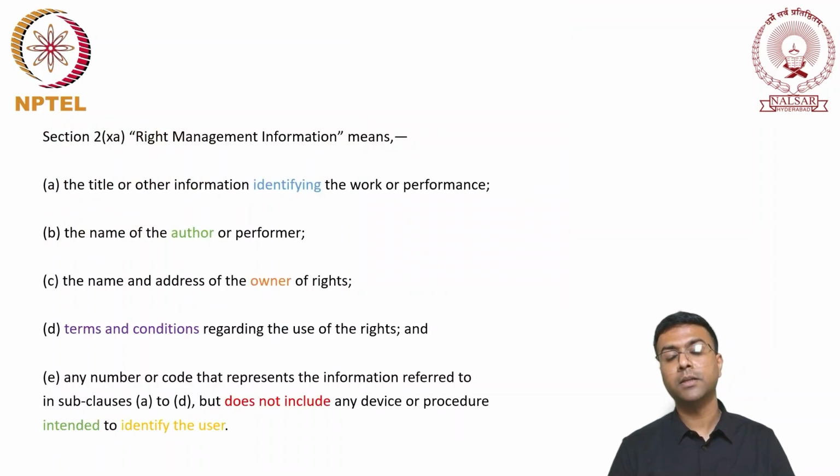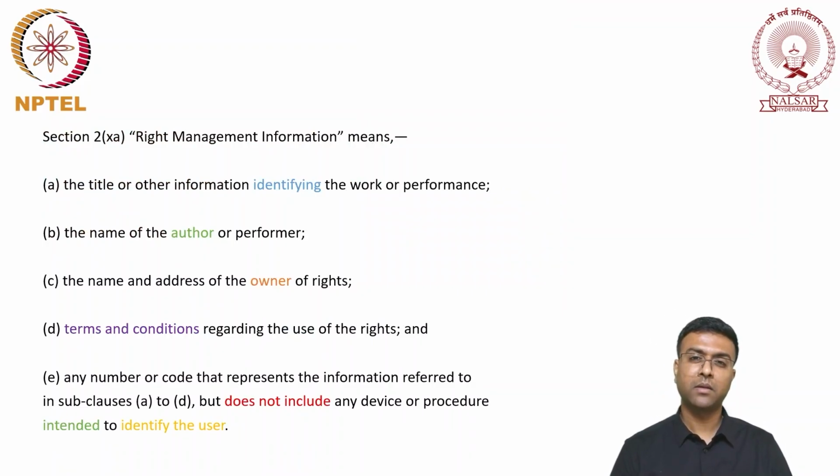Let us first consider RMI, or Rights Management Information. What is it that is referred to as rights management information? There is an interpretation to this offered under the Copyright Act.